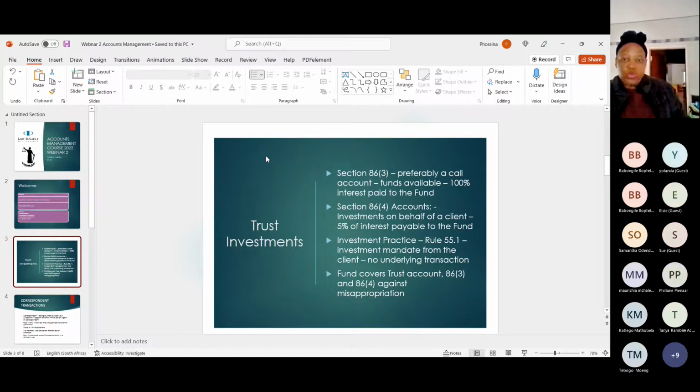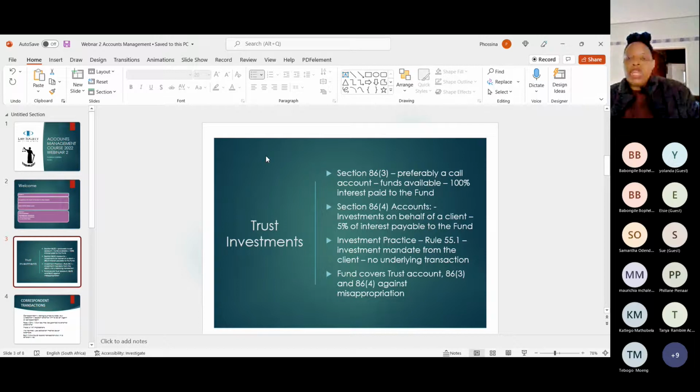As I've indicated to you, money that is kept in a trust investment account is money that is meant for an underlying transaction. So there should be something that is happening. It can be a court case, a civil matter, a conveyancing matter, even a collection matter where you are holding the money until the matter has been resolved, and as a practitioner, you are instructed to pay. So section 86.3 is at the discretion of the practitioner.